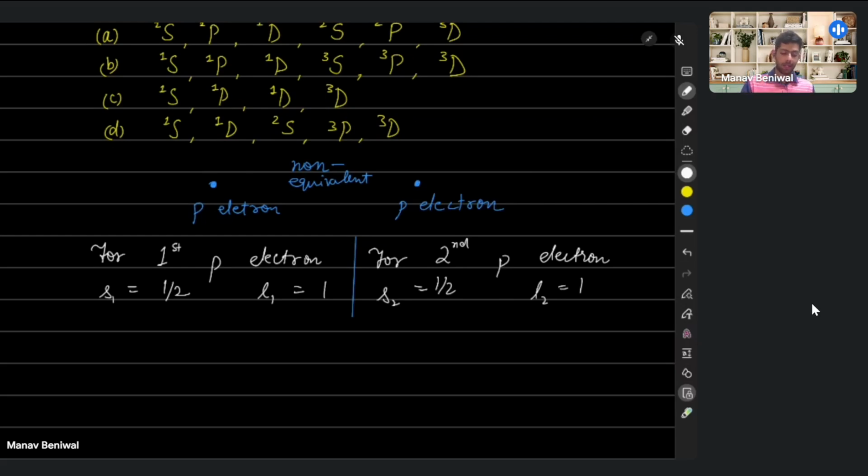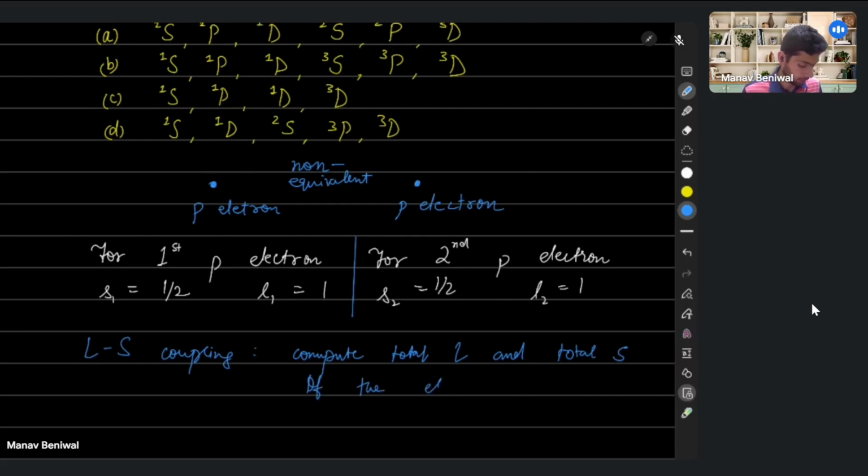Now what do we mean by LS coupling? That is the main crux of this problem. So LS coupling means that we compute the total L and total S of the electrons and then couple them.